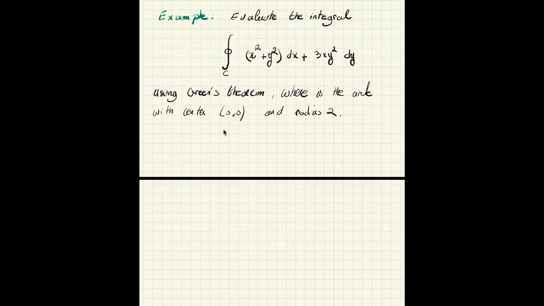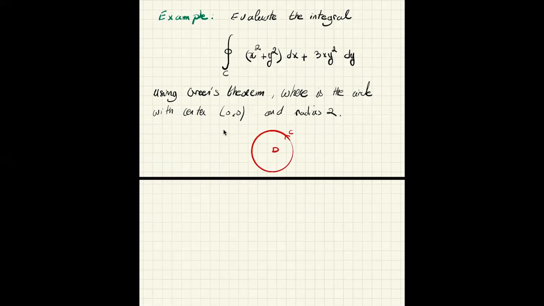Obviously, when they tell you to use it, it's because this one is going to be a little bit tedious to do on the circle. So you have the radius, the circle, the region D, and the curve C.